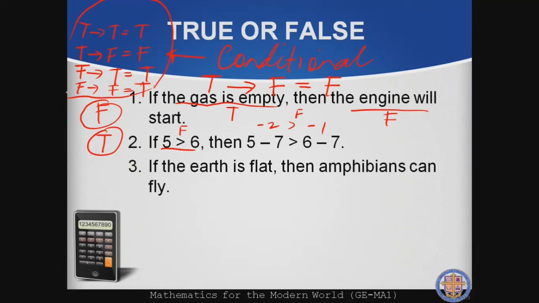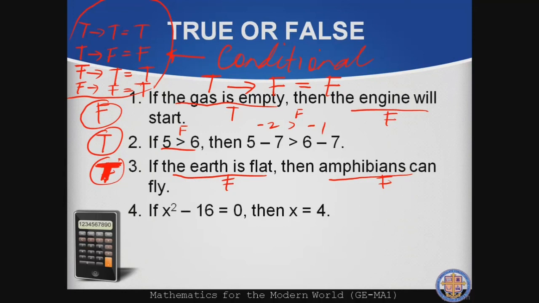Next, if the earth is flat, then amphibians can fly. So, earth is flat is false. Amphibians can fly. We know amphibians are animals that can just survive in water and in land. So, they cannot fly like frog. So, false. Parehas false ulit. So, final answer is true. Then, if x squared minus 16 is equal to 0, then x is equal to 4.